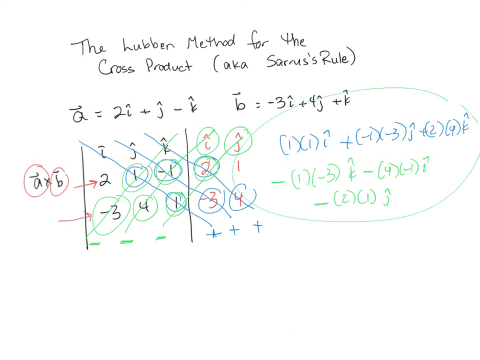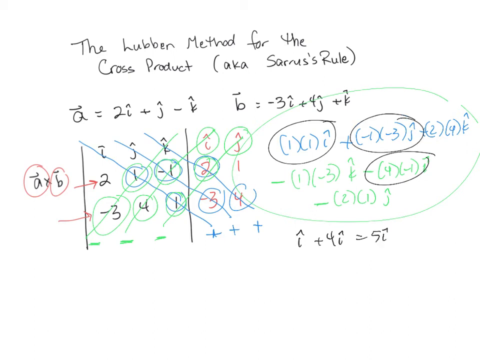So if we add up the i components, I'm going to get an i plus 4i. Okay, negative times negative is positive. So I'm going to get a 5i. And let's do the j's. I'm going to get a positive 3j and a minus 2j. So that's going to be a positive 1j.